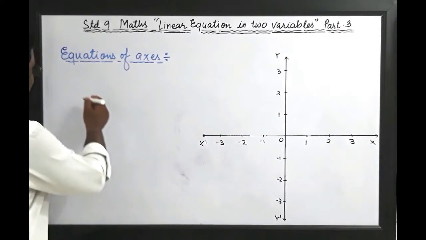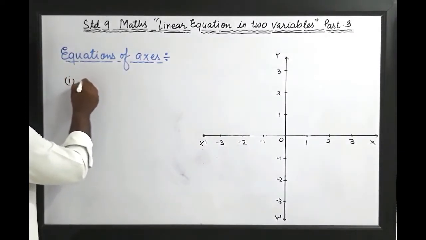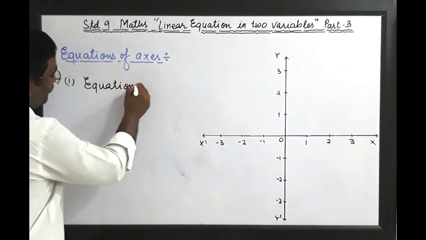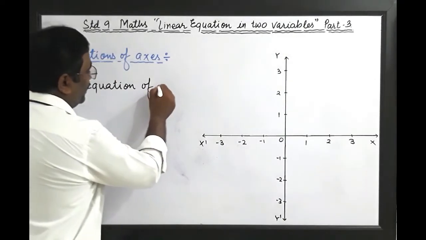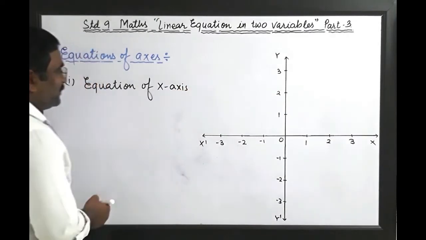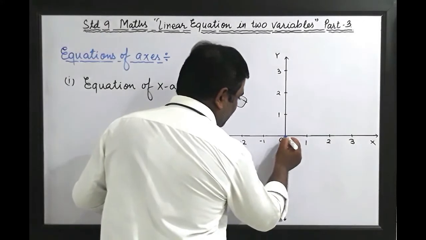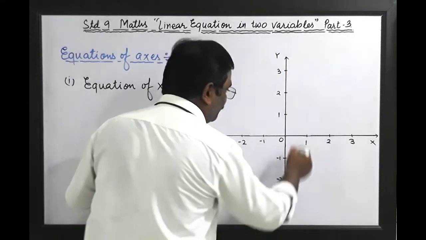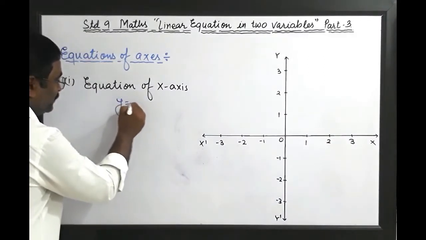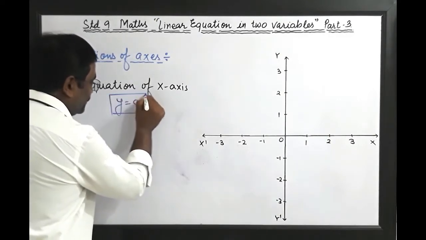So dear students, first the equation of x axis is y is equal to 0, because on this x axis the value of y is always 0. Why?